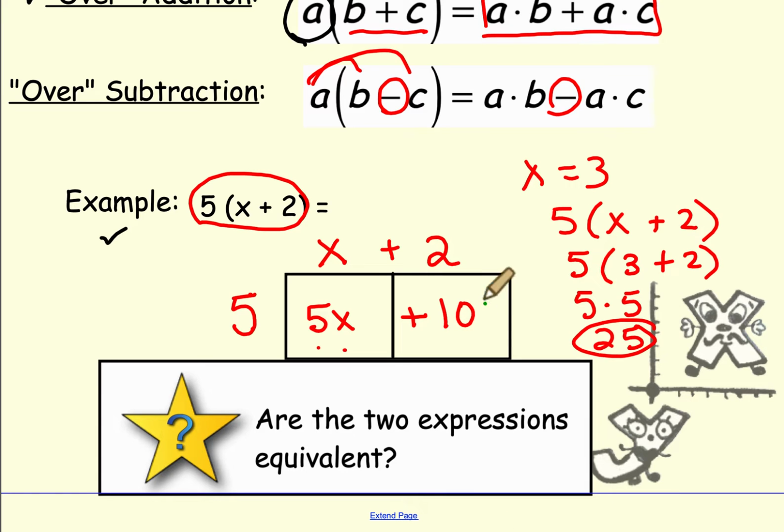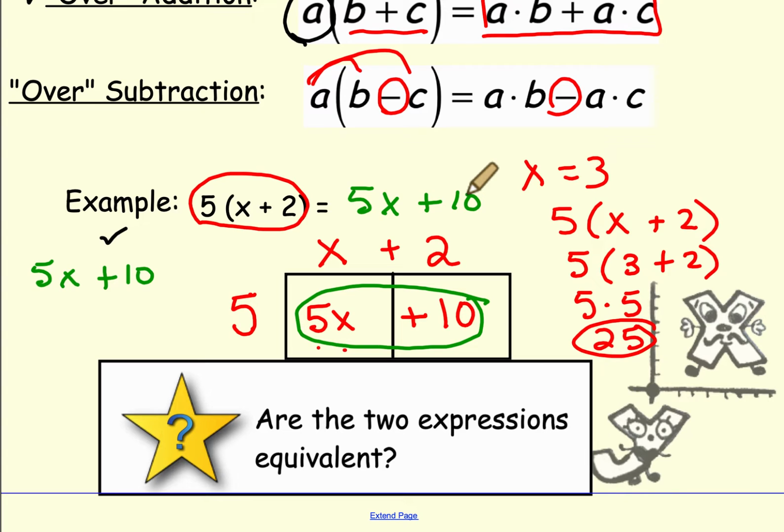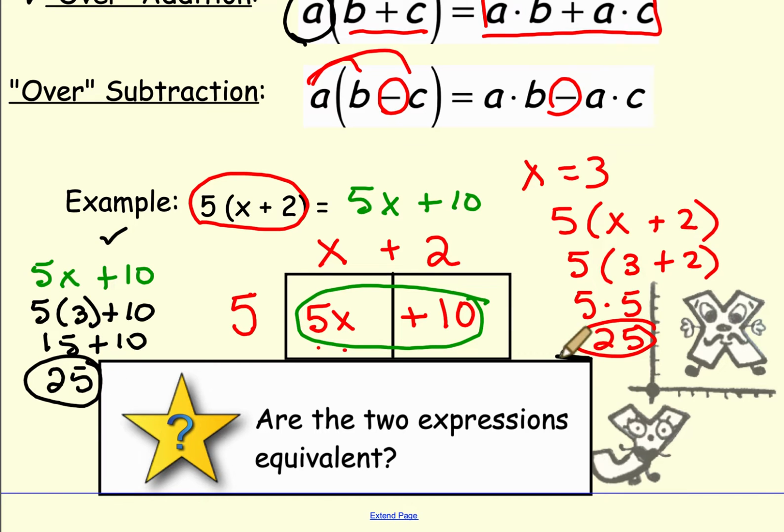In our distributed expression, we got 5 times x plus 10, and I forgot to write that over here. If we replace the x with our 3, 5 times 3 is 15, and 15 plus 10 is 25, which is the same thing that we had gotten in the undistributed expression. So the two expressions are equivalent to each other.